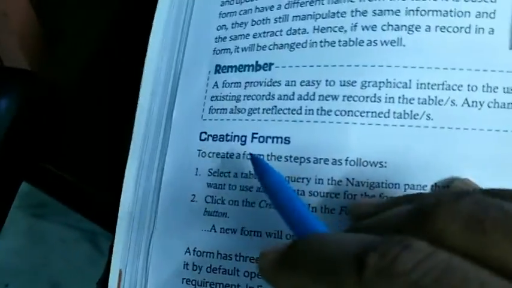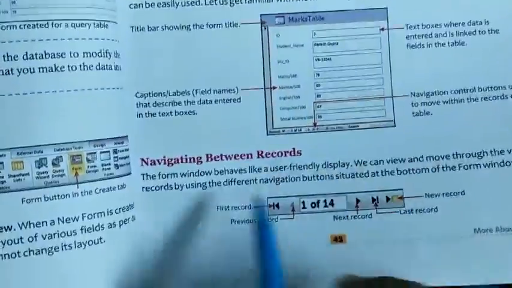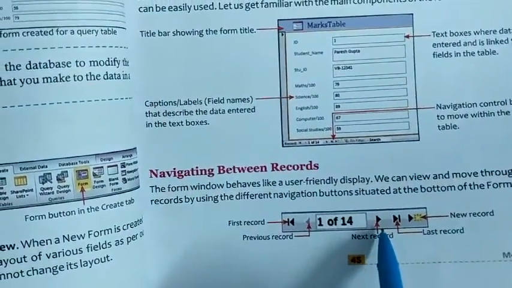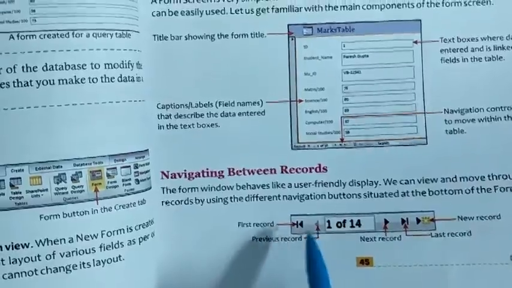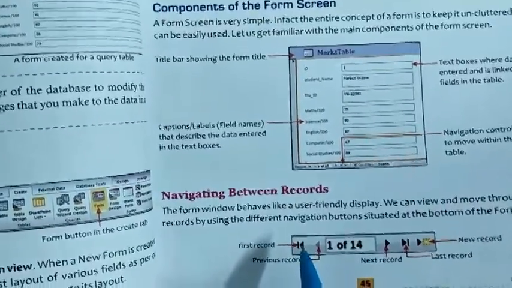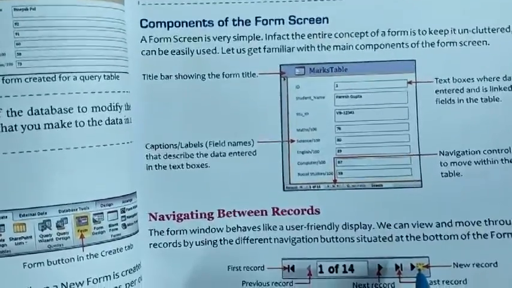Look, so creating a form, that topic has completed. Components of the form screen, this one has completed. Use of navigation button: through this one you can move to the next record. Through this button you can move to the previous record. This one sends you to the first record, this one sends you to the last record, and this one you can use to create a new record.